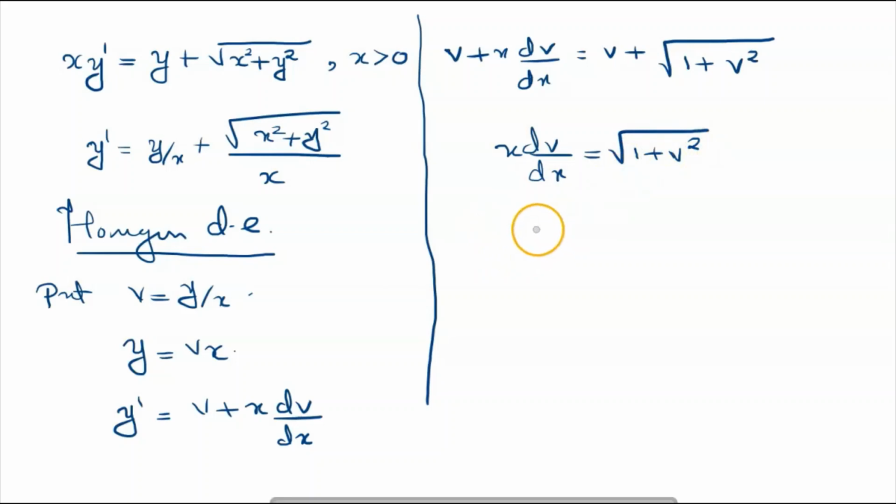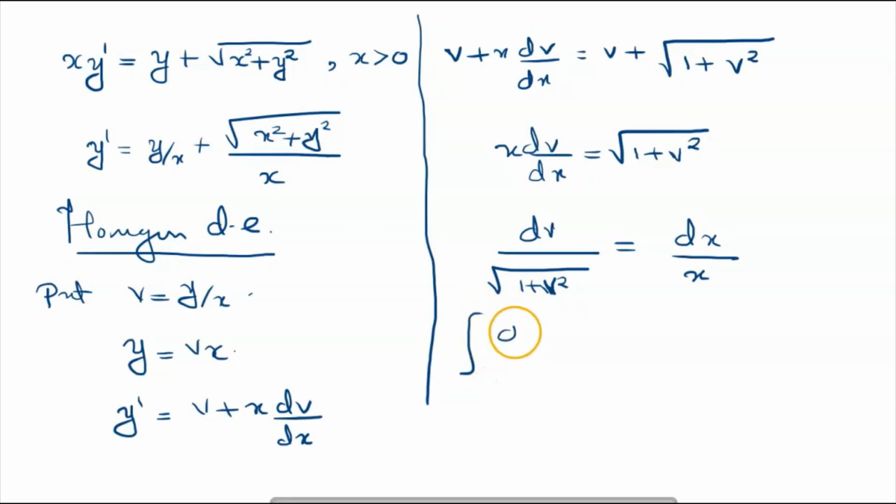Let's separate the variables: dv divided by root of 1 plus v square equal to dx divided by x. On integrating both sides, we get the answer.